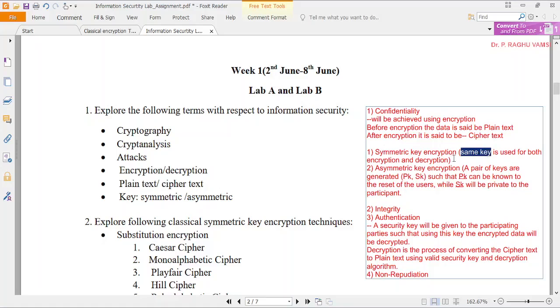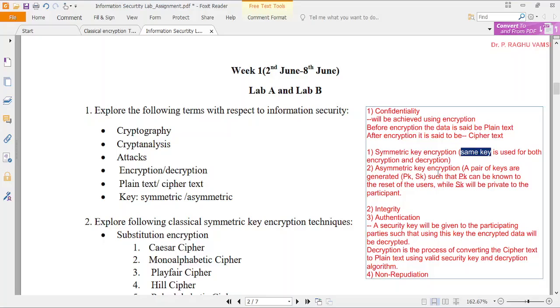Some may be hackers, spoofers, or intruders. They may join the communication and also get the symmetric key. So once this symmetric key is leaked, it is very difficult for the entire communication process to safeguard the encrypted data. They can easily decrypt the data. That is the problem with symmetric key algorithms.